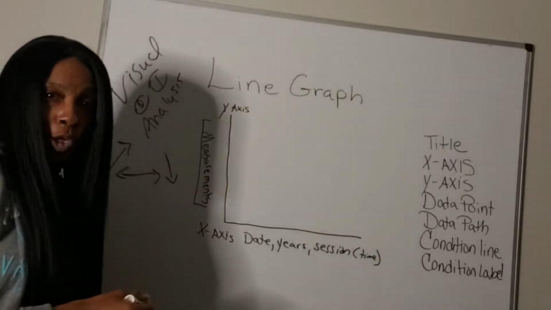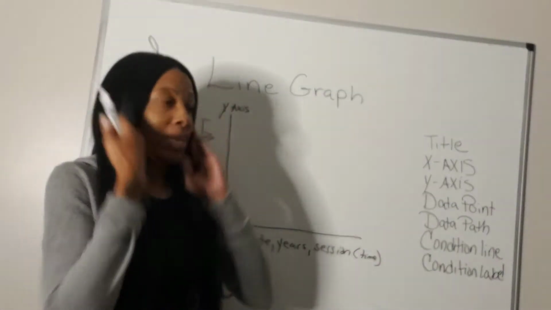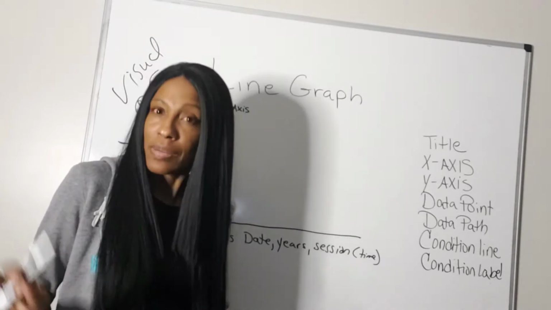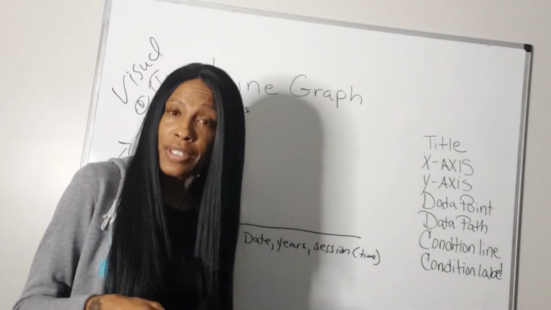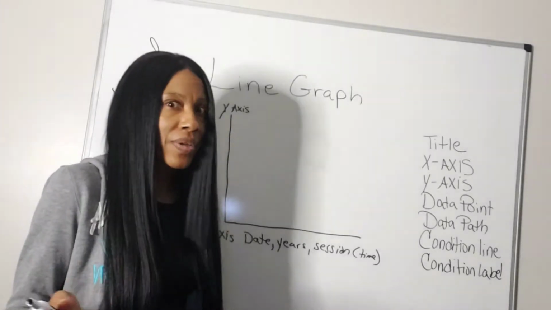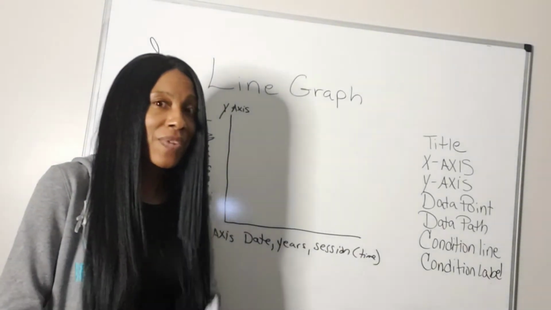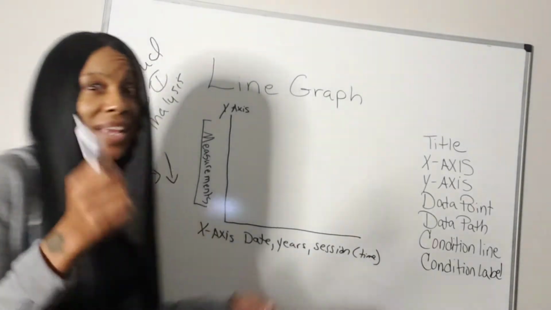Now, is it any old measurements? Are we talking about yards and feet? It could be used for that, but ABA is used for your continuous and your discontinuous measurements. So what are your continuous measurements? Can you give them to me? You should say frequency, duration, rate, IRT, and latency.